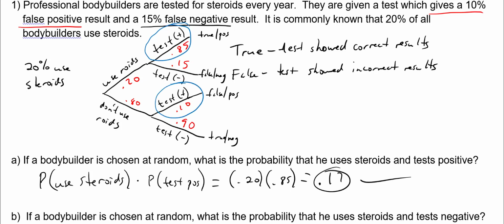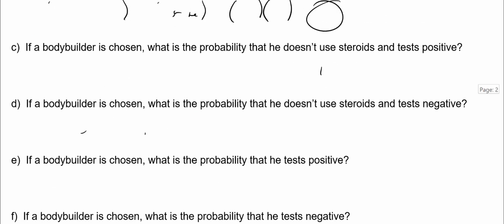Oh, did I use the word or? Aha, add. So you're either using steroids and you test positive, or you're not using steroids and you're testing positive. Okay, so I would write this out here.